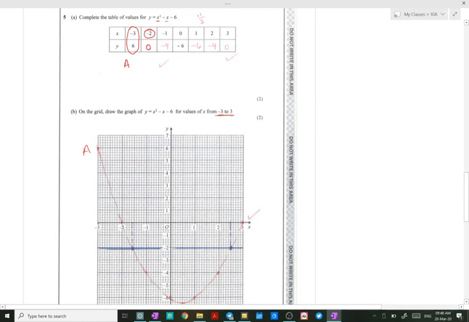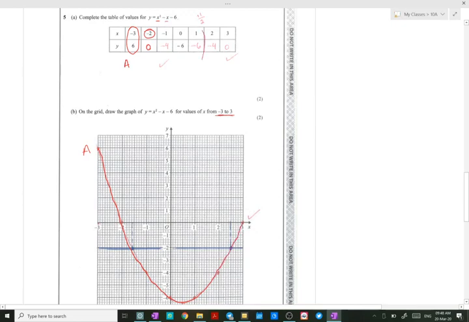You don't actually need to name them. You just have to pinpoint the numbers on the grid using their coordinates, and then you connect the points together like that. I'm going to give you one more example.